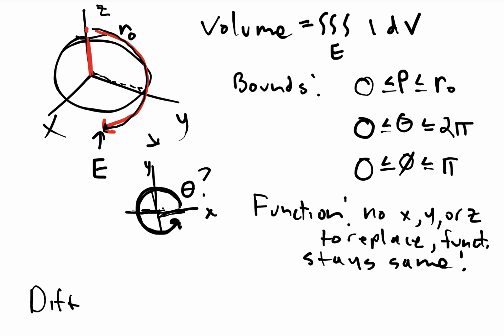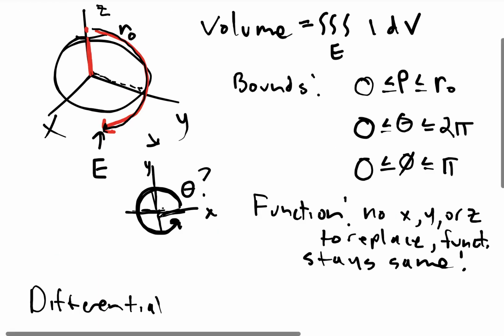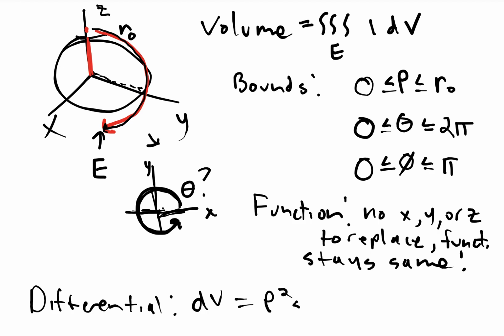We said before that the conversion was rho squared sine phi d rho d theta d phi. I know the formulas are new. So that's what we need to use here. So dv is going to be rho squared sine phi d rho d theta d phi.